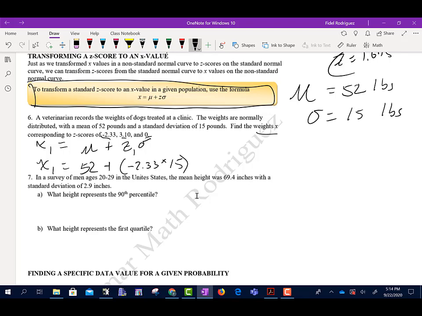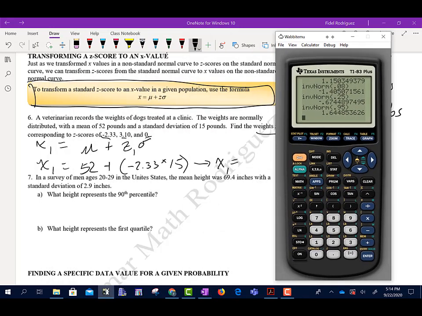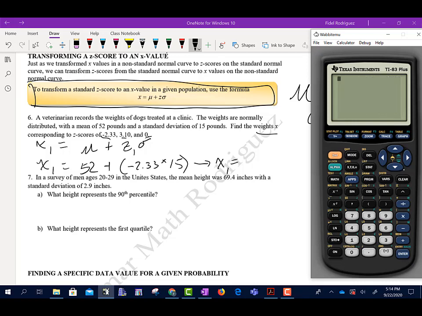Guys, I'm writing it this way just so you can see how I'm going to do this on my calculator. Remember when we were back in like 8th grade and you had order of operations? We have to do what's on the inside of the parentheses first. So I'm going to say negative 2.33 times 15 equals, and then we're going to add 52.